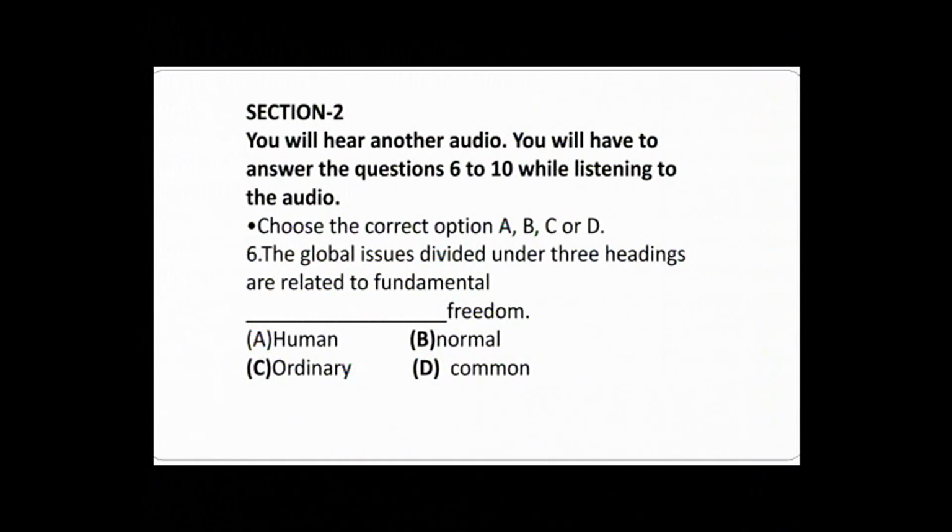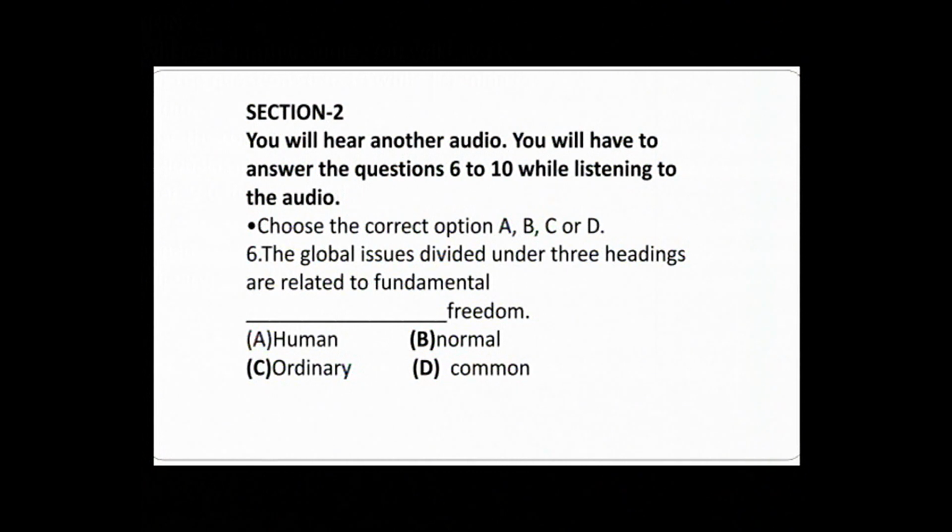What are these global issues? I have grouped them under 3 headings, each of which I relate to a fundamental human freedom. Freedom from want, freedom from fear, and freedom of future generations to sustain their lives on this planet. First, freedom from want.